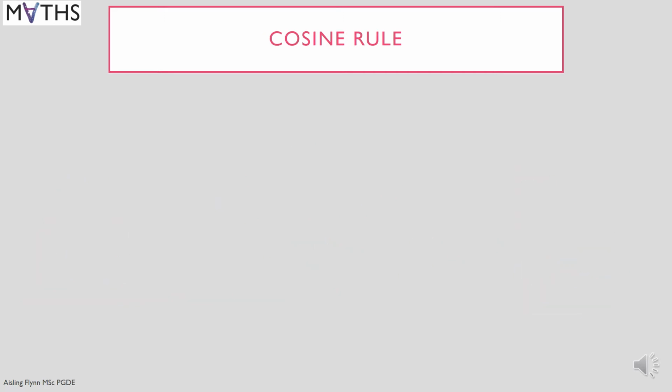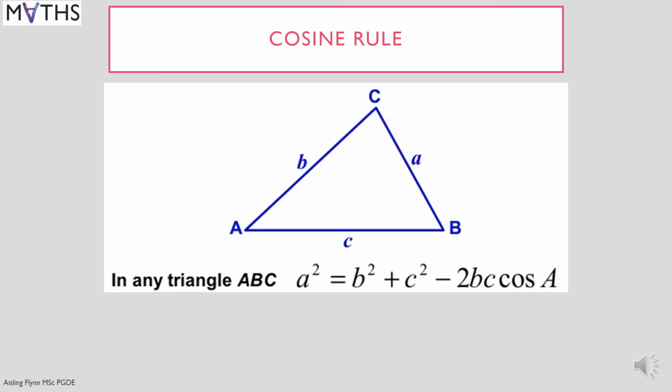Here's the cosine rule. If you're given this triangle ABC, then the length of side a squared is equal to b squared plus c squared. They're the other two sides, and it doesn't matter which one you call b or c.